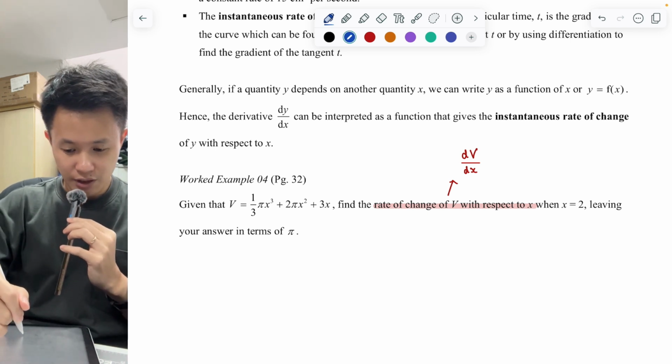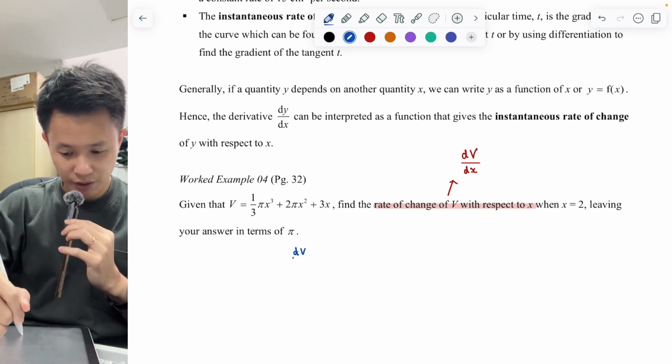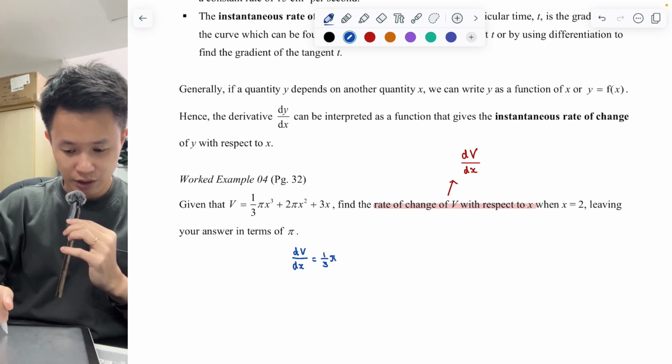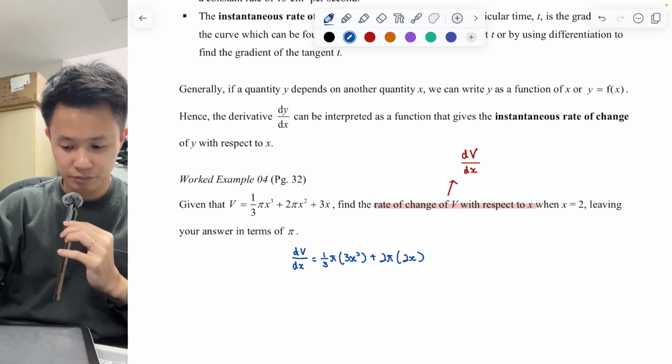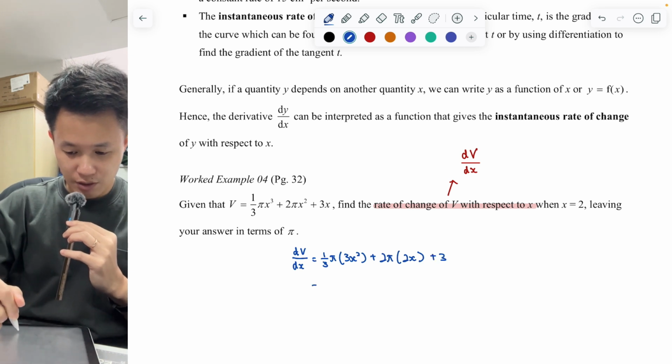So, firstly, differentiate. dV over dx is simply 1/3 pi times 3x squared plus 2 pi times 2x plus 3. Resolve them, you'll get pi x squared plus 4 pi x plus 3.